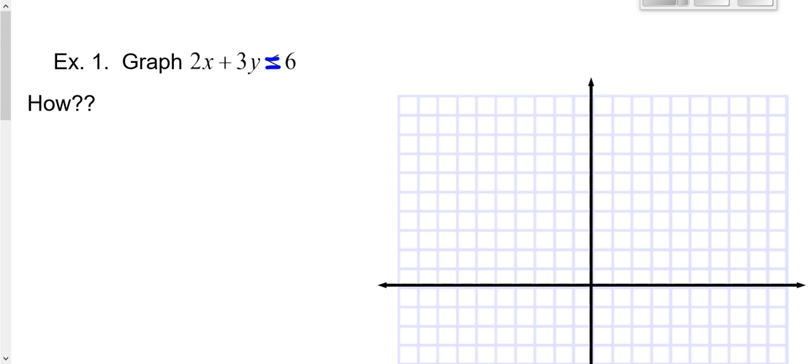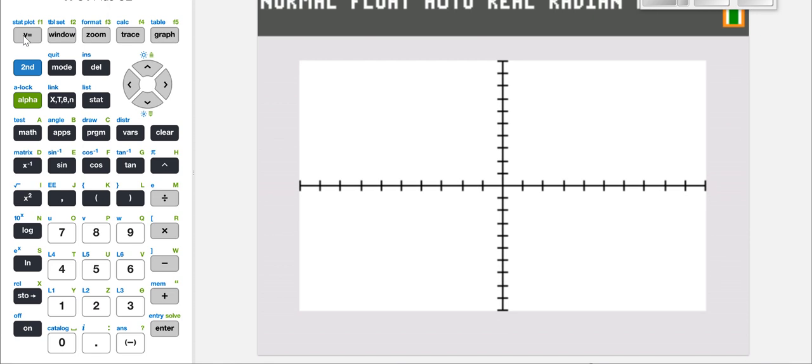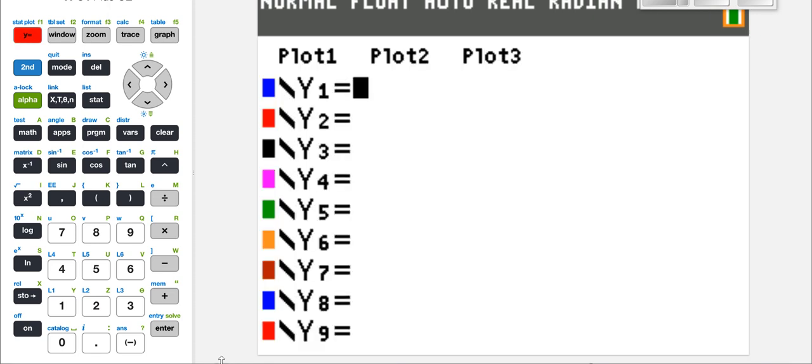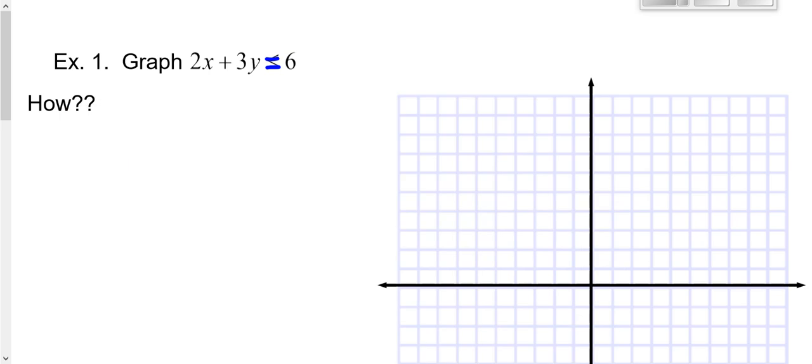So if you look at the graphing calculator, you have this. So let's graph this here. So for your graphing calculator, in order to put in this, we need to manipulate this first. So you need to graph the boundary line by isolating y.